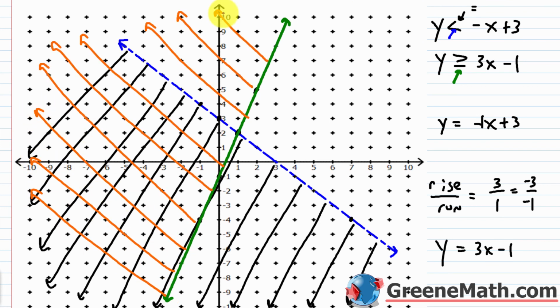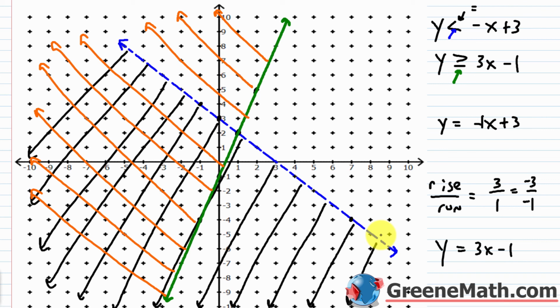If I'm looking for the overlap, the section on the coordinate plane that satisfies both, the thing that makes it easier for me is I'll take a black marker and start lining out stuff that does not work. So in the first case, y is less than negative x plus 3. We know we have this blue dashed line. Any point that was below that line worked as a solution.